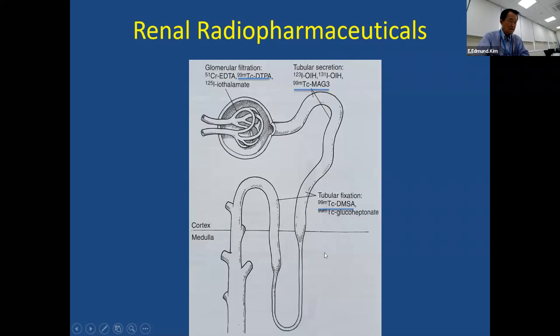So this is cortex, medulla. When we say urinary tract obstruction, it is right here, a draining obstruction, blockage, intrinsic or extrinsic. But when we say tubular obstruction, it is higher here, at the loop of Henle.